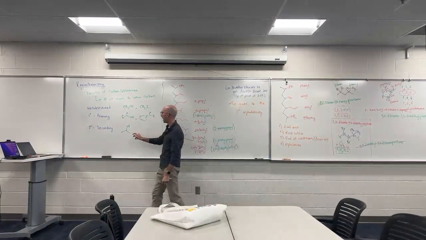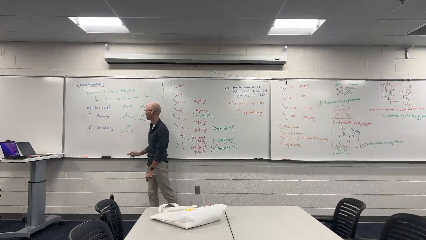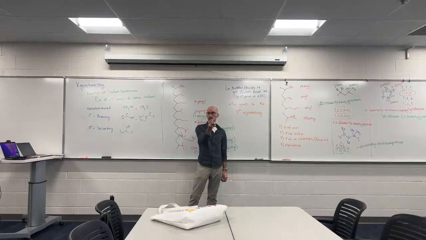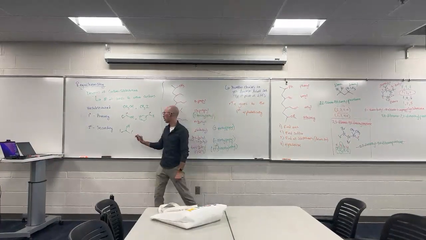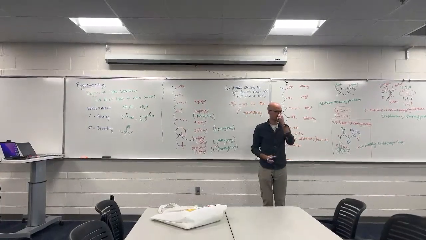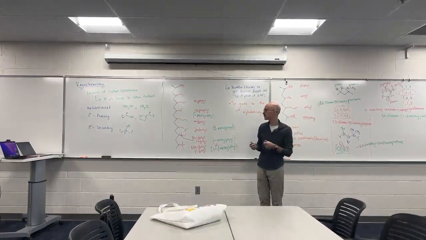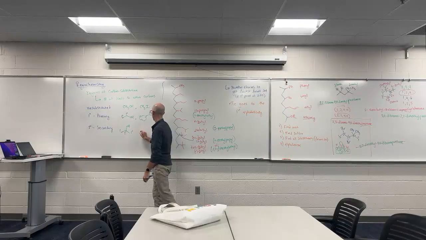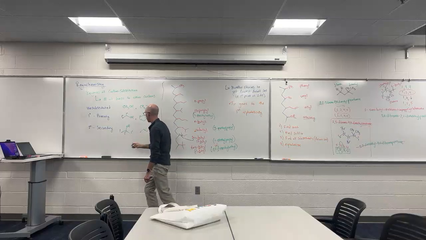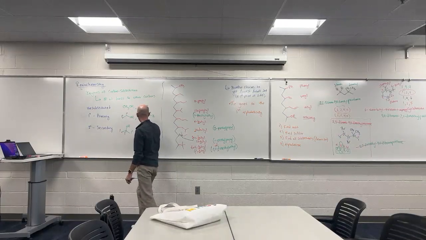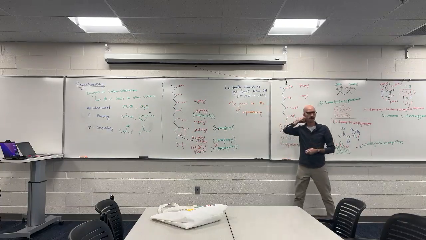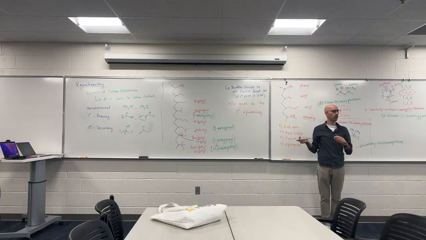The carbons on the edge, on the ends, are primary carbons still, but the central carbon is bonded to two other carbons, secondary. This structure here can be called sec-butyl chloride.